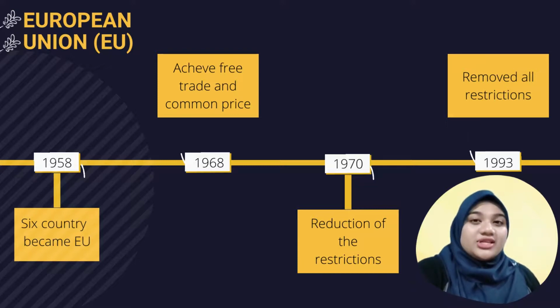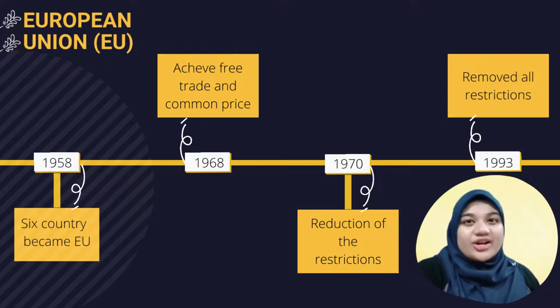Moreover, the Council of Ministers will make the final decisions based on the recommendations from the Commission. And lastly, the EU had to plan a full monetary union, including harmonization between monetary and fiscal policy.